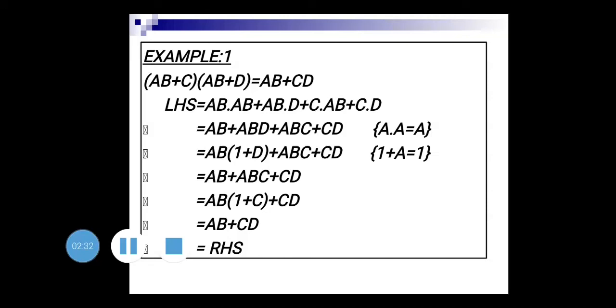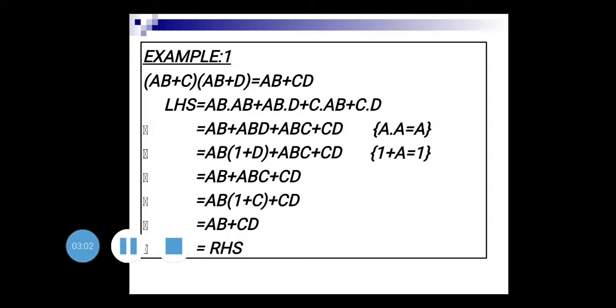So it becomes plus C dot A dot B plus C dot D. This is step 1. The very first thing is, if there are brackets, you open them as per the maths rule. But remember, your dot is nothing but your AND gate and plus is nothing but your OR gate.